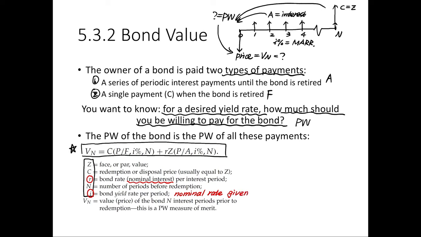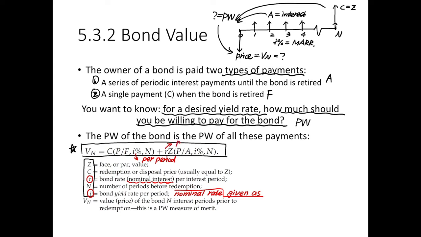So it's given as a nominal rate, but in the equation, they are interest rates per period. So in the equation, the I% should be some percent per period.